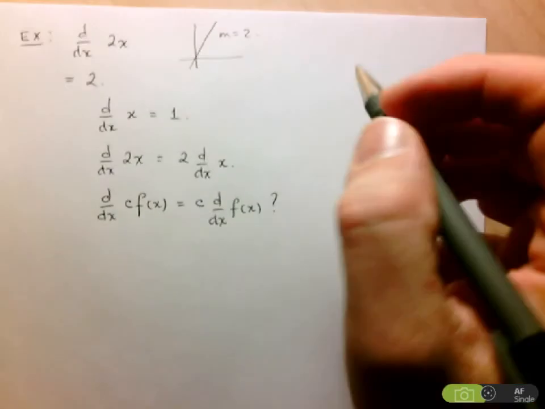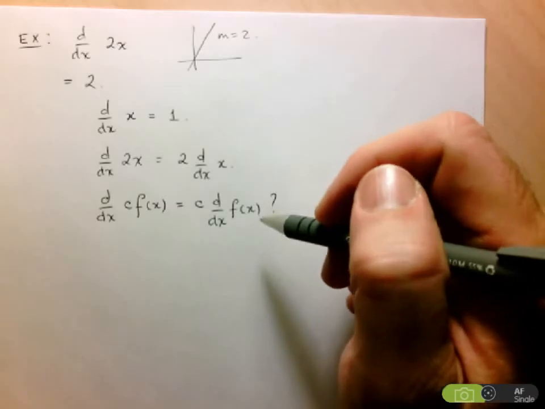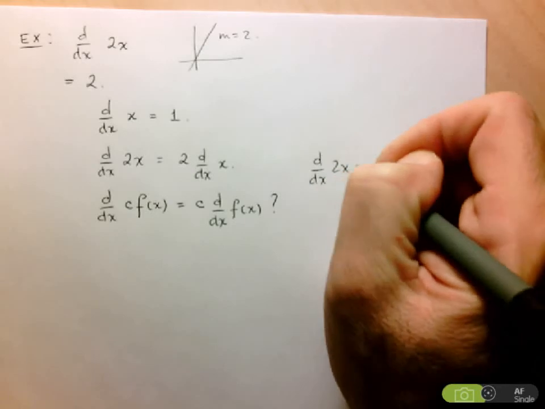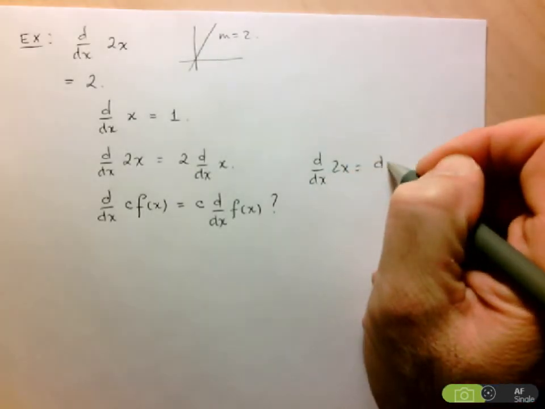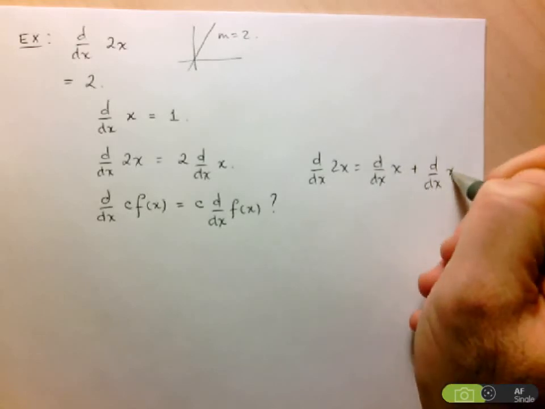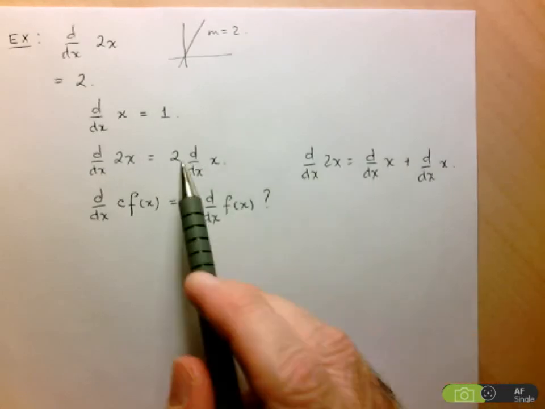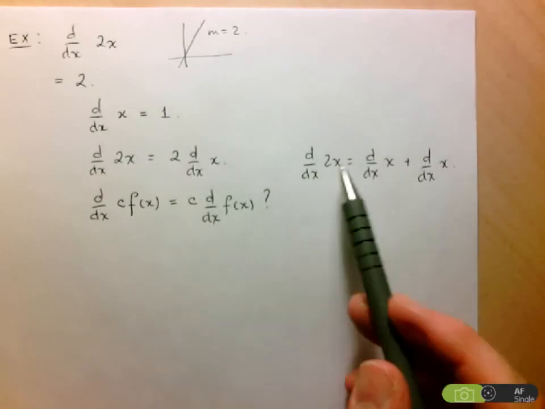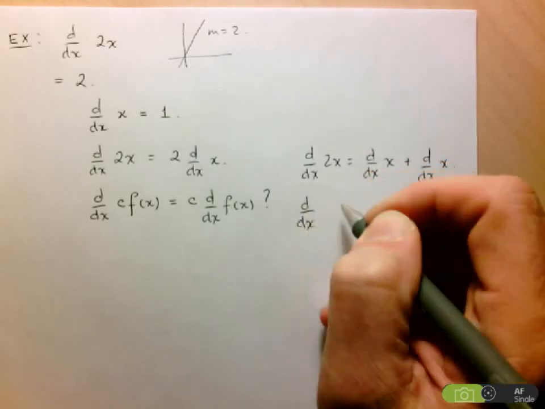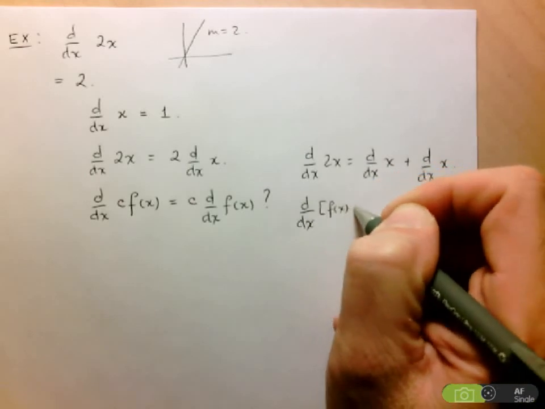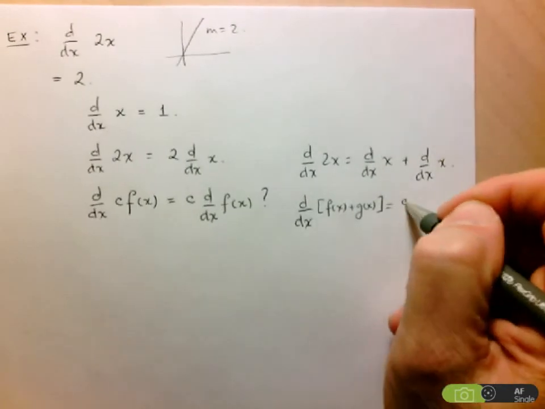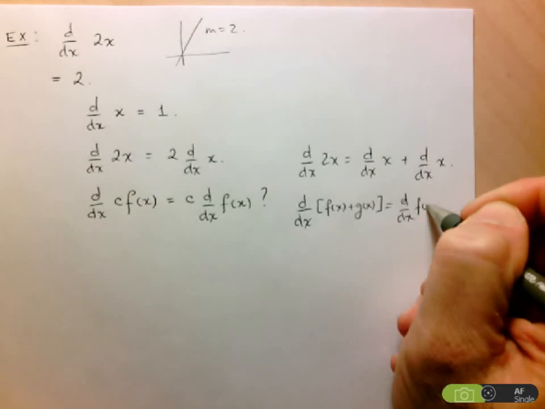Now if I take a look at the derivative of 2x in another way, I also notice that the derivative of 2x is equal to the derivative of x plus the derivative of x. You might say this is essentially saying the same thing, and yes it is, but it's looking at it from another perspective. Can I say that the derivative of the sum of two functions is equal to the sum of the individual derivatives?